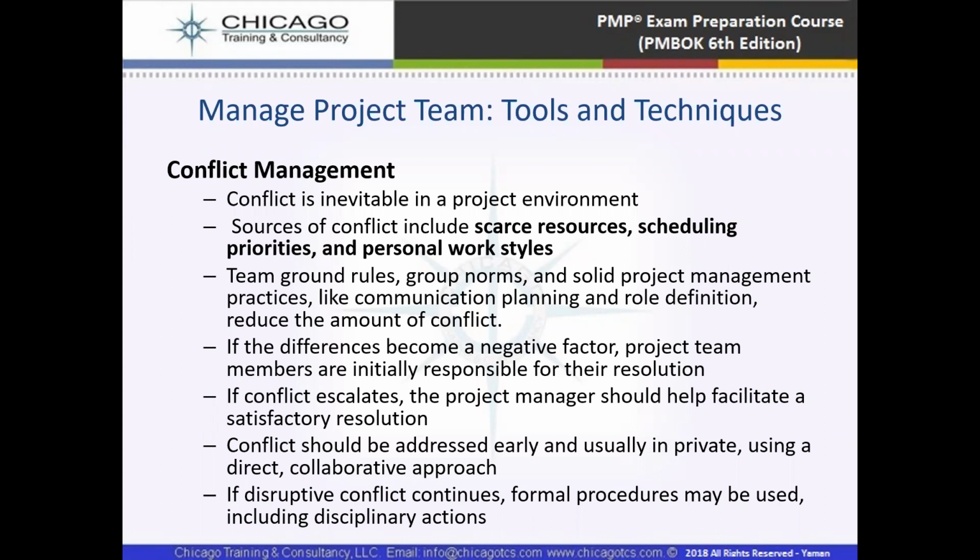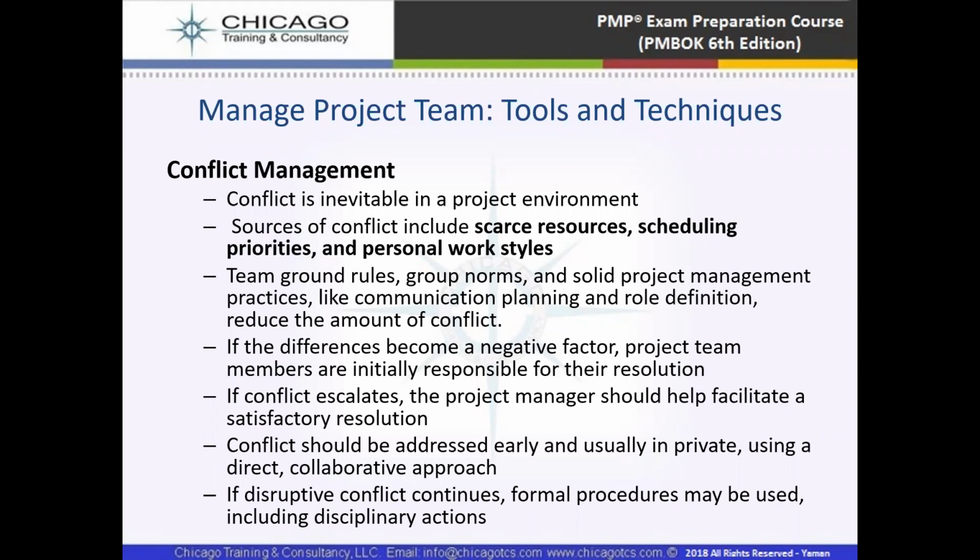If the conflict is escalated, the project manager should help facilitate a satisfactory resolution. Conflict should be addressed early and usually in private, using a direct and collaborative approach. If disruptive conflict continues, formal procedures may be used, including disciplinary action.